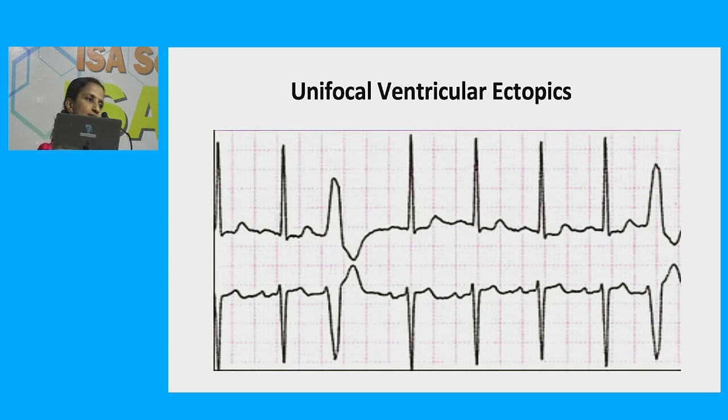The QRS wave of the ectopic is wide, and the P wave is absent. For exam, always explain the ECG before you say the diagnosis. That will be better.